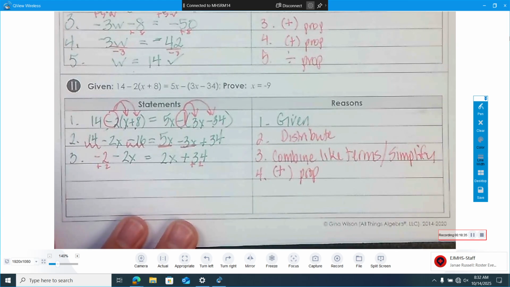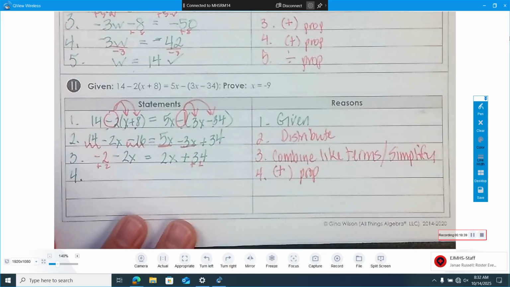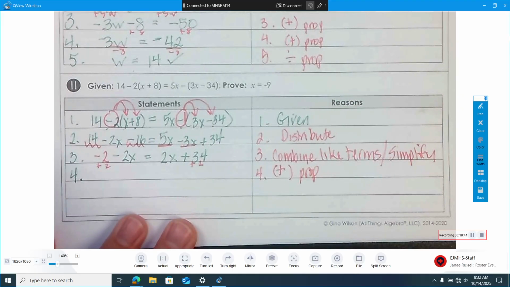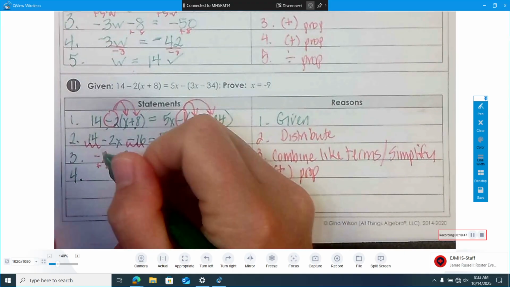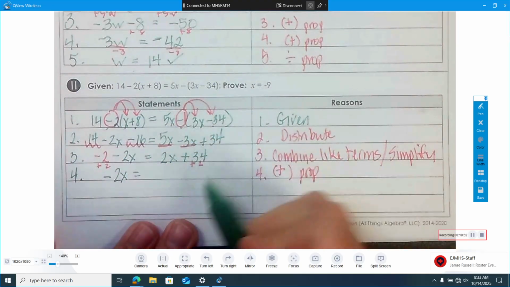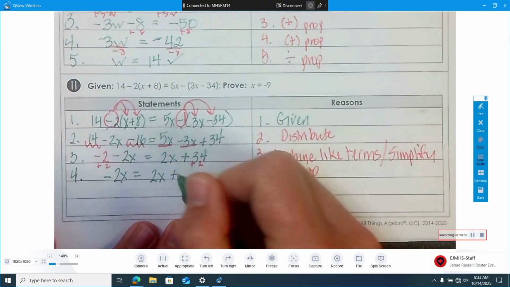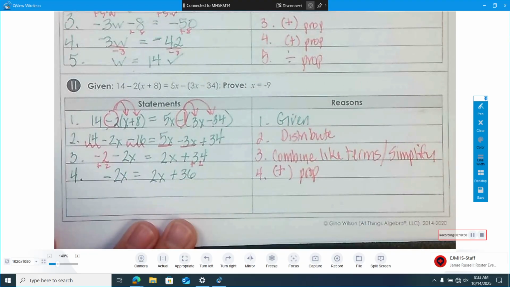Are everybody's proofs going to be the same? No. Is that okay? Yeah, it is. We should all arrive at the same conclusion, but we might do things in a different order, which is totally fine. So positive 2, negative 2 go away, leaving me with negative 2x is equal to 2x, and 34 plus 2 is 36. So there's my result.